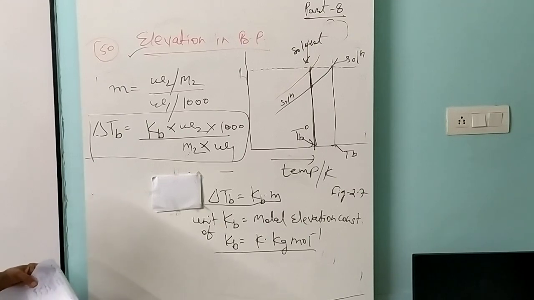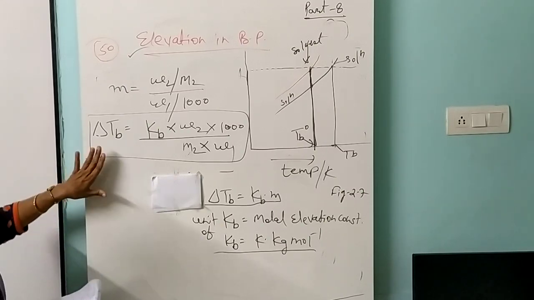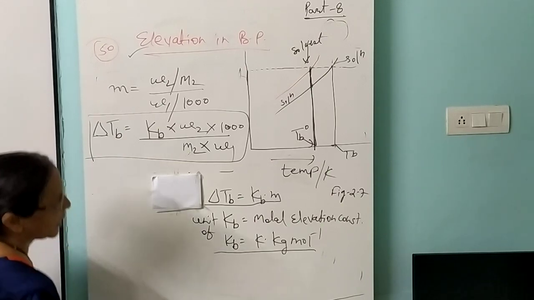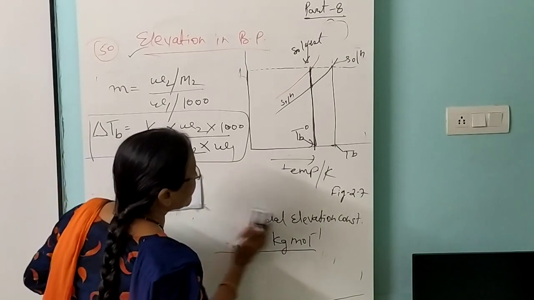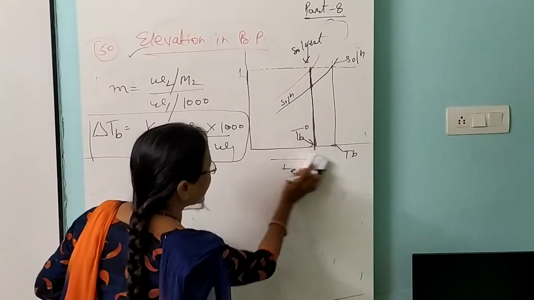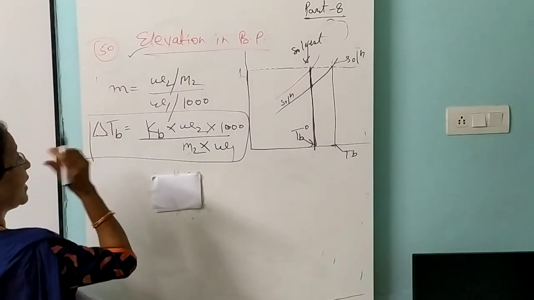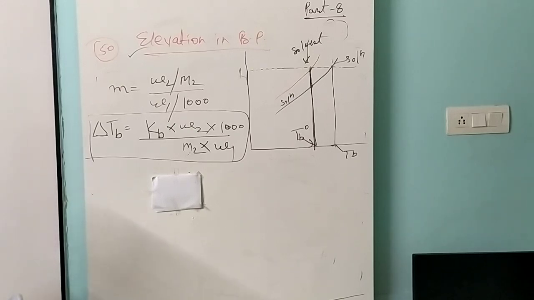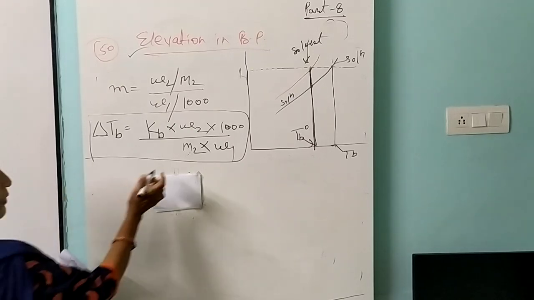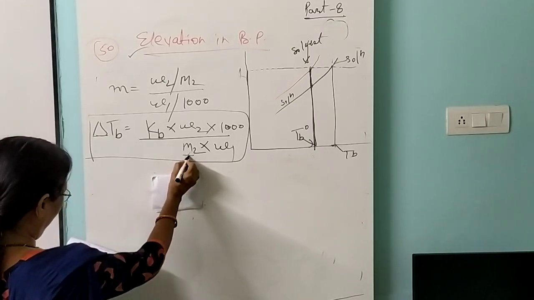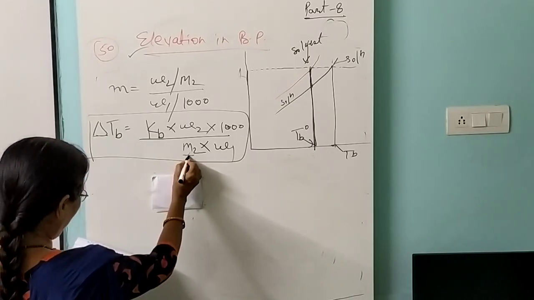Now suppose in an examination the delta T_B value is given, or we can calculate delta T_B because the temperatures are given, and we want to calculate the molar mass, that is, the value of M2. What to do?